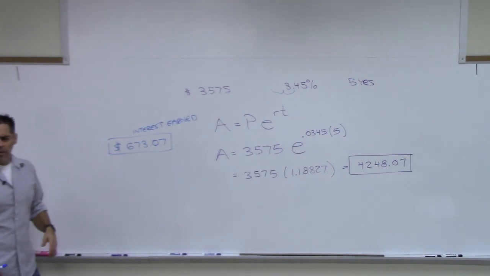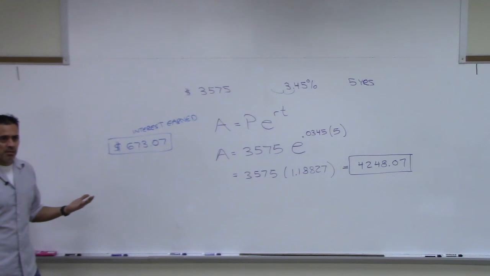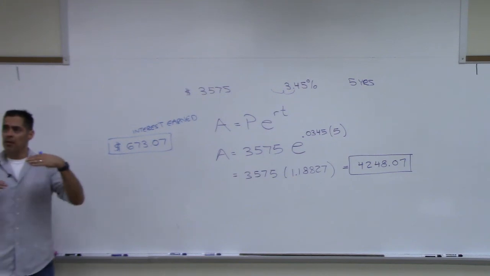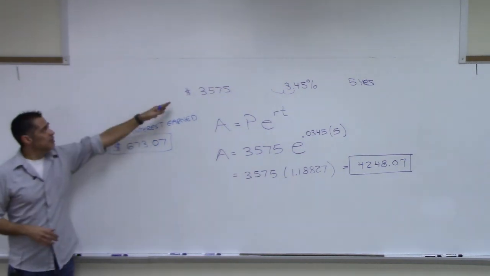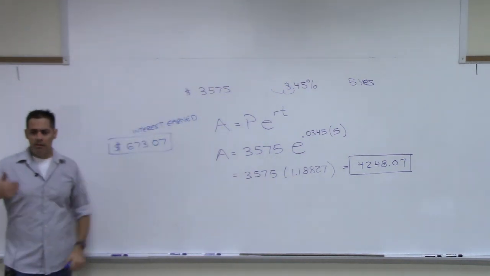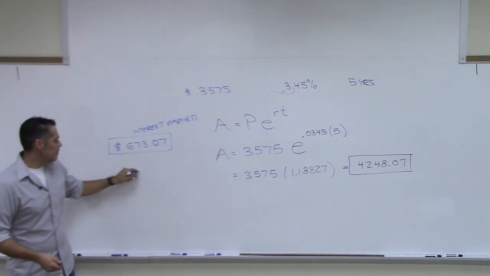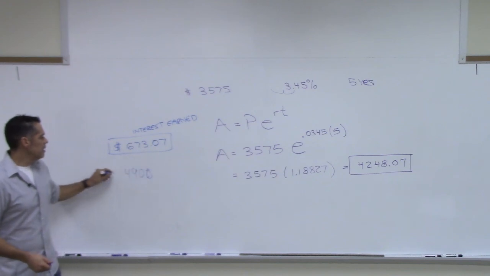You wound up owing more than double what you bought the TV for, right? It was like $4,000 something dollars. Last one? On the previous one, yeah. I'm saying if you take that number and subtract how much you bought the TV for, it was about $4,900, give or take.